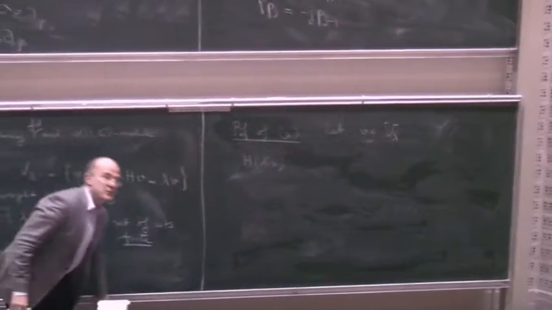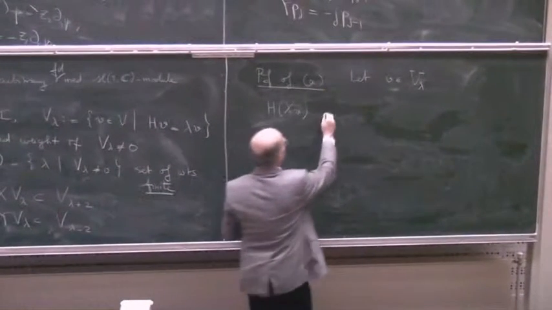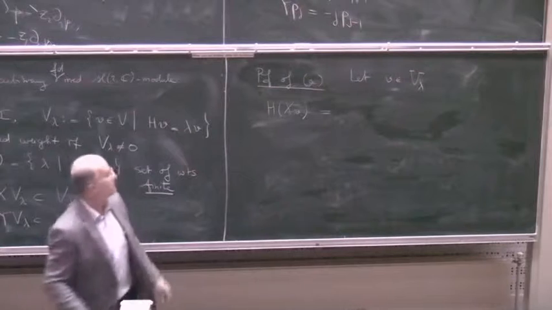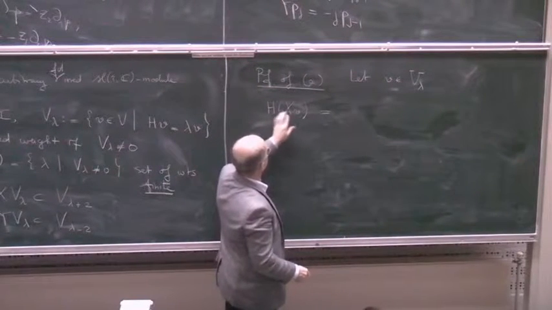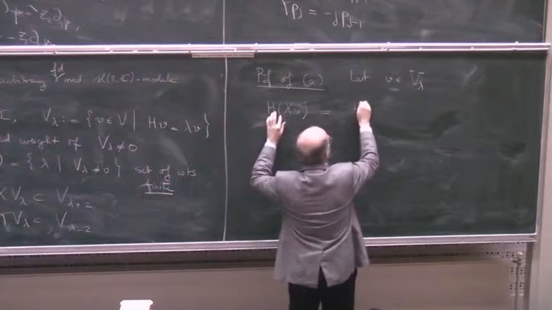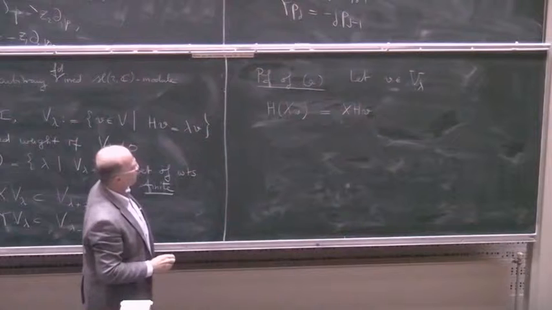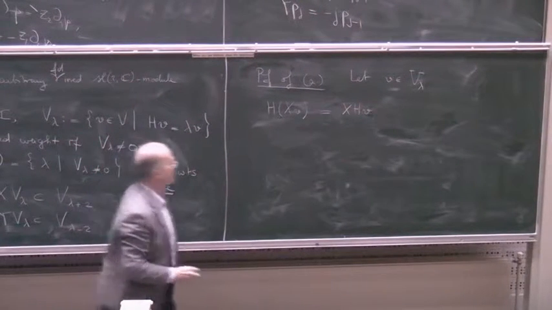And look what happens. Now I'm going to rewrite this as first applying H and then x, and I'll leave out the brackets. But then I have to compensate for this by a commutator.